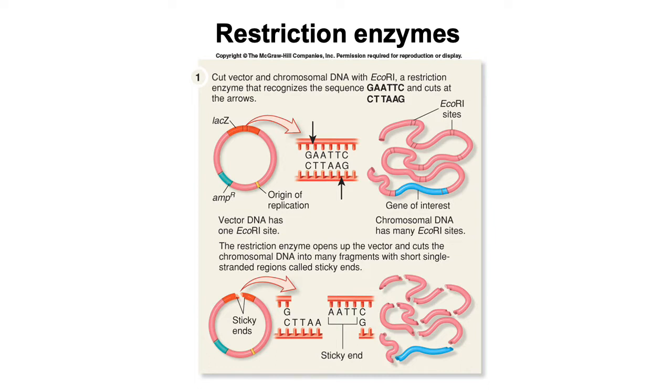We can see an example of that in the next slide, because remember what we're trying to do: make a recombinant DNA molecule, clone this gene, and join our gene of interest with a vector. In this case, we're joining our gene of interest with a plasmid vector. So we cut with a particular restriction enzyme, and then we can generate these sticky ends, which allow us to join our gene of interest to our vector.